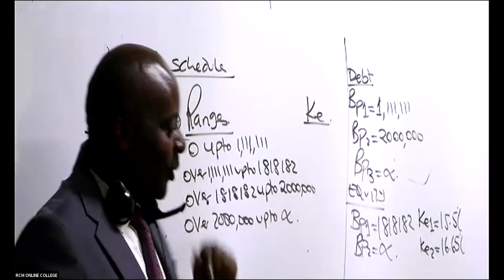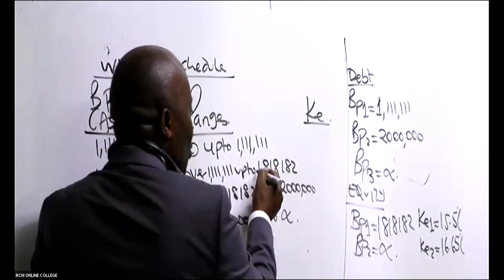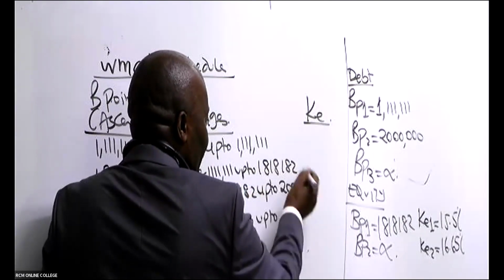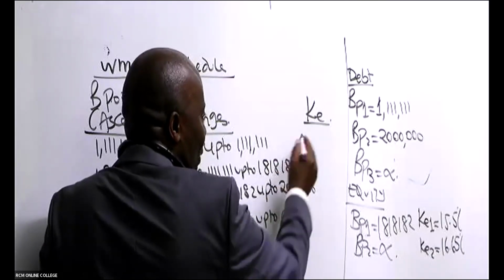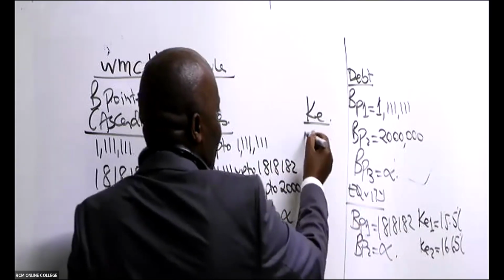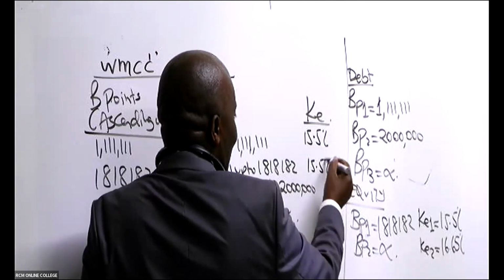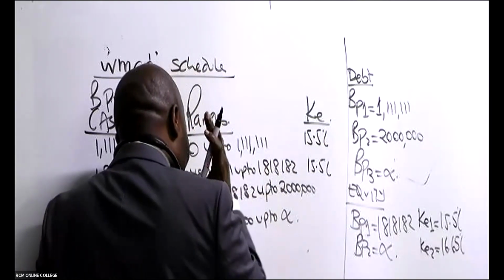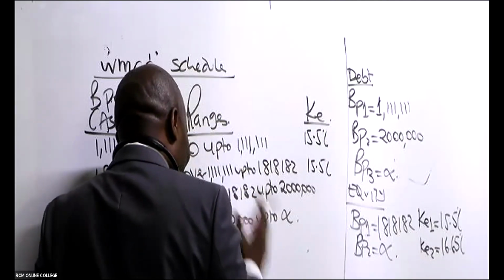18,182. Open your eyes well and see here. So cost of equity will go up to what, here somebody? 18,182. So I will post it twice here. I will post 15.5% here, and here, because 15.5% is running up to 18,182.